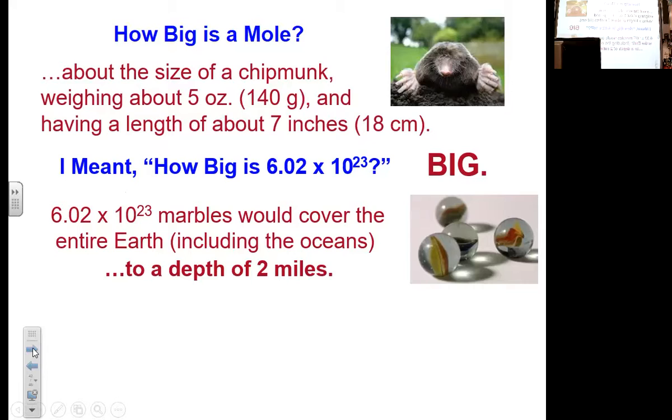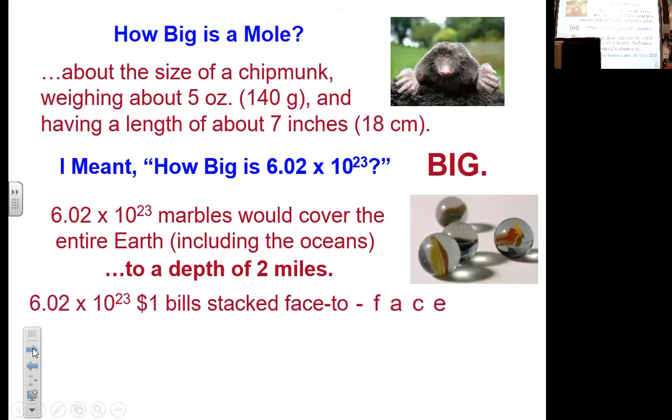It's an enormous number. Now, some people just like talking dollars, right? So if you had 6.02 times 10 to the 23rd dollar bills, and you stacked them face to face, not end to end, but face to face, made a stack of dollars.